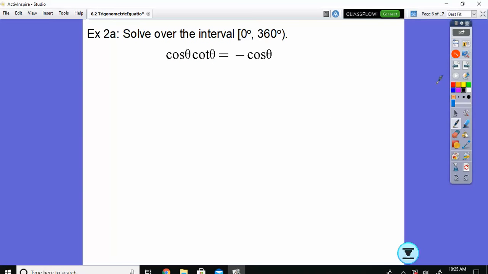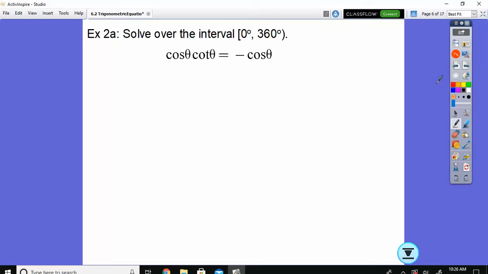Let's look at this problem. Okay. Where do we begin? We've got more than one trig function here, first of all.